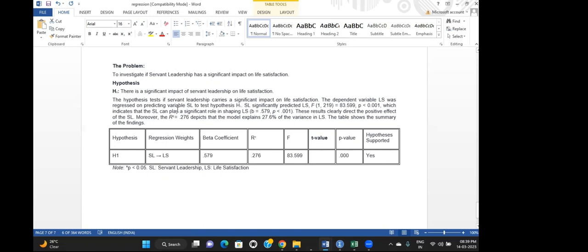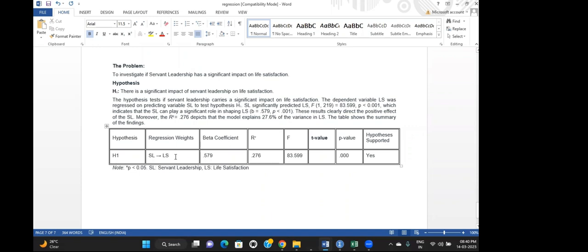So this is how, when you are writing a paper, you have to report these values in your paper like this. And then you can write from here, from this table 1, what the regression is. It supports that servant leadership is leading to life satisfaction.